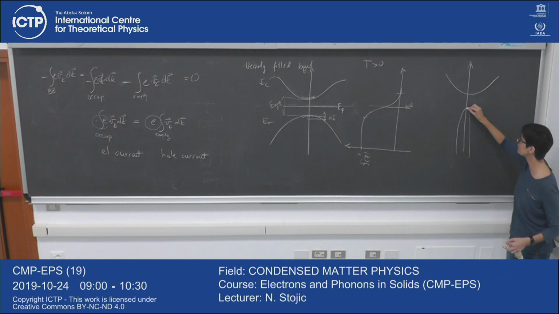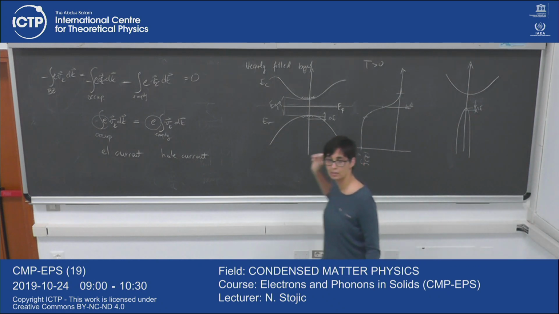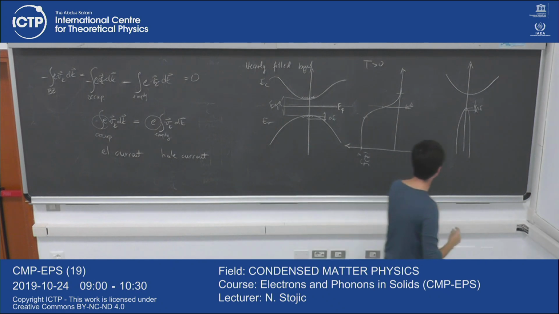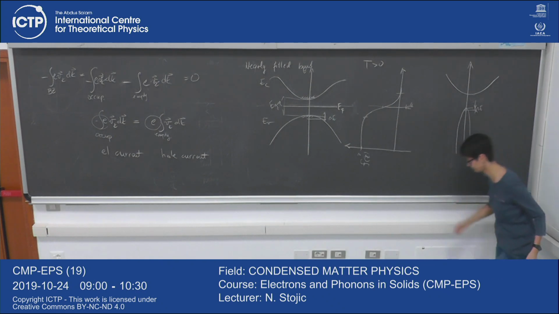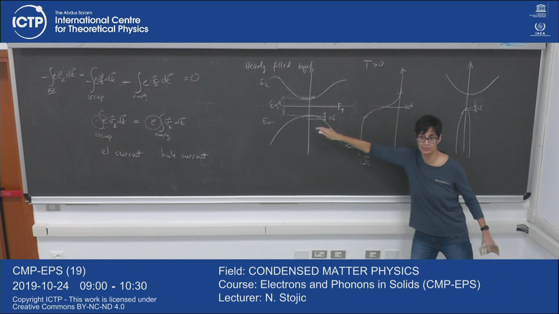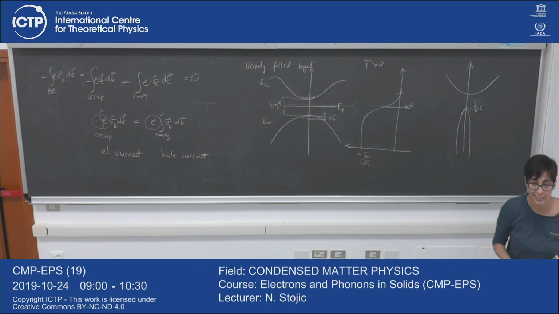And in the same delta E, I have much less states here. So it means that I will have to go deeper to take the same amount of states, which means that my Fermi level will have to be shifted lower.